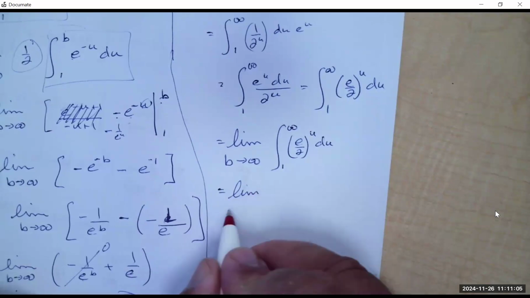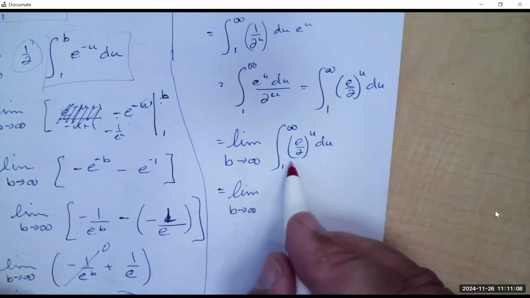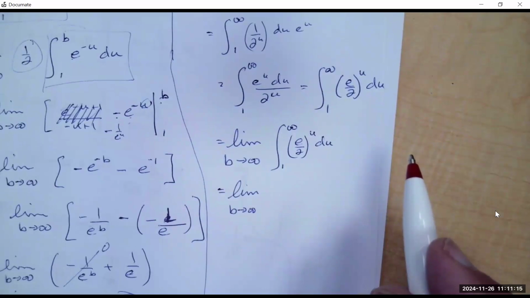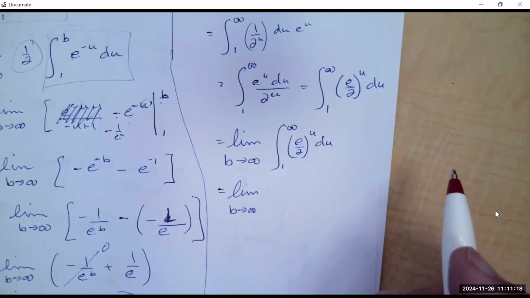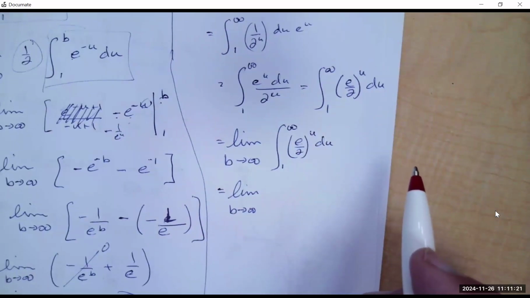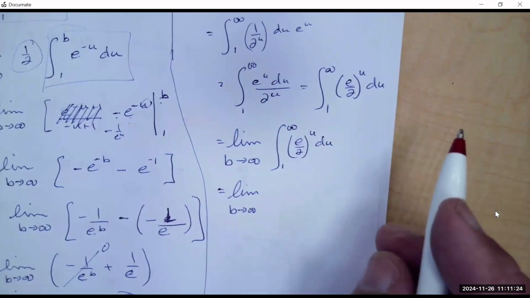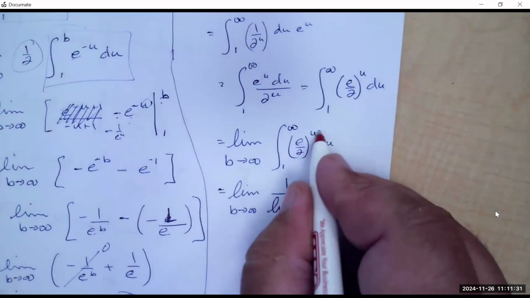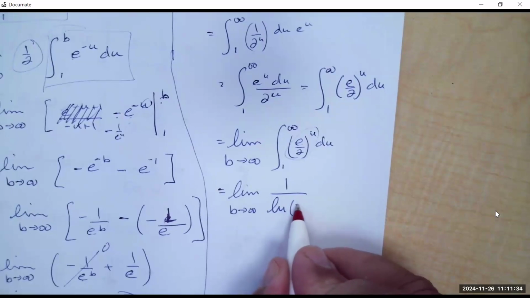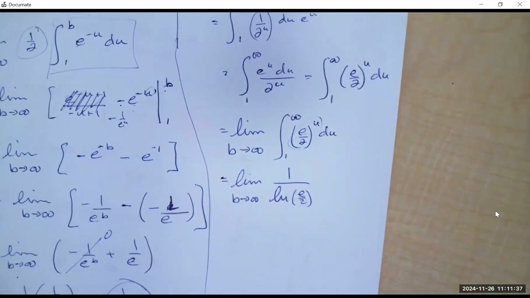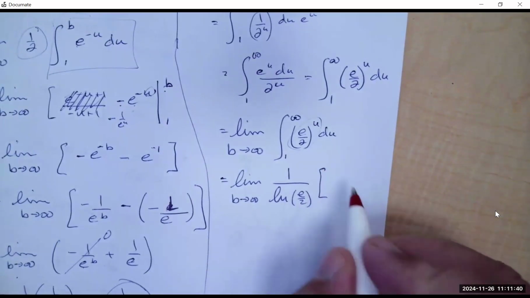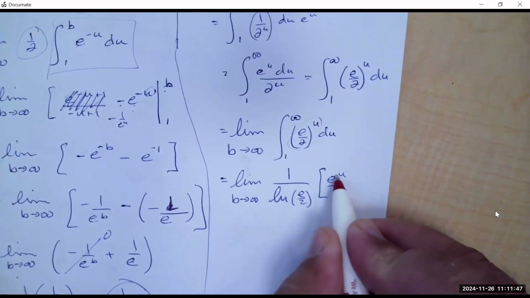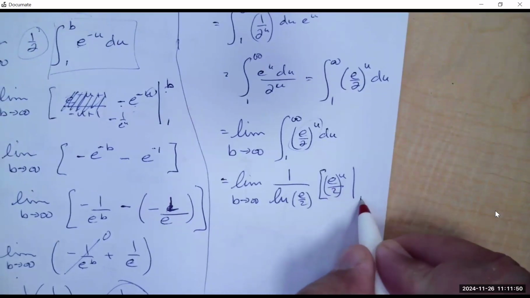What's the integral of this one? It is (e over 2)^u over ln(e over 2), from 1 to b.